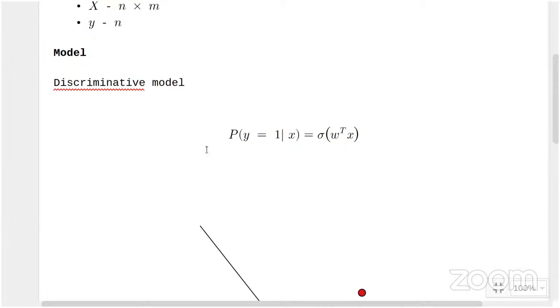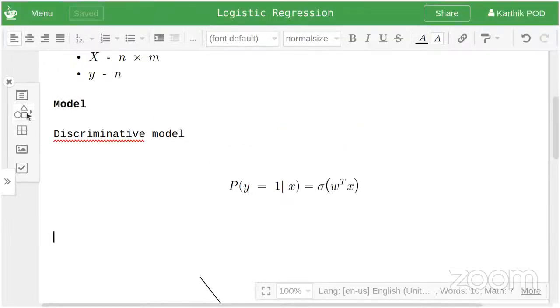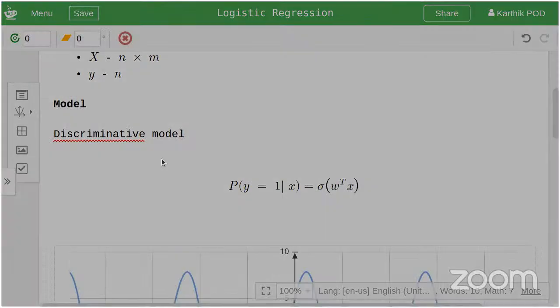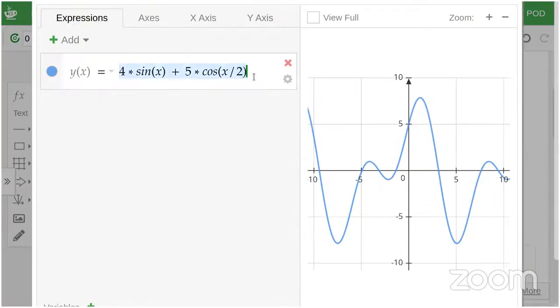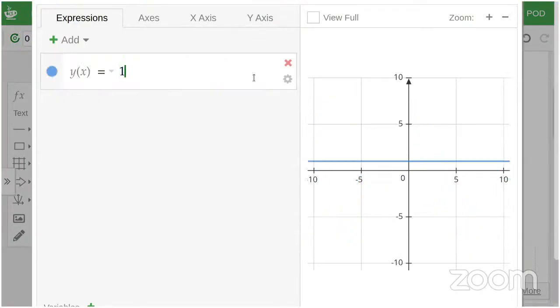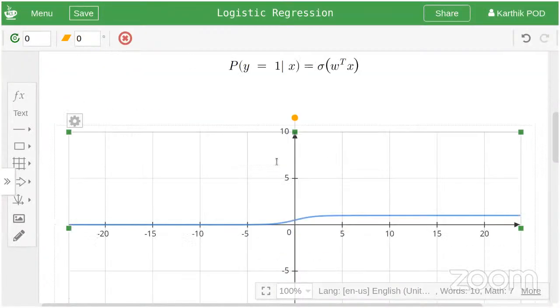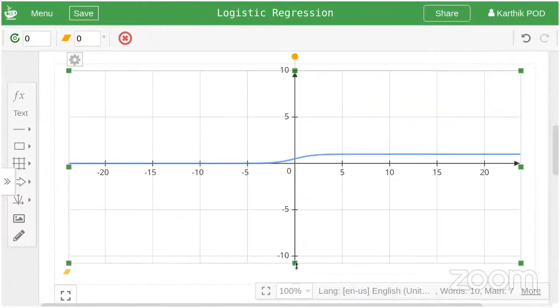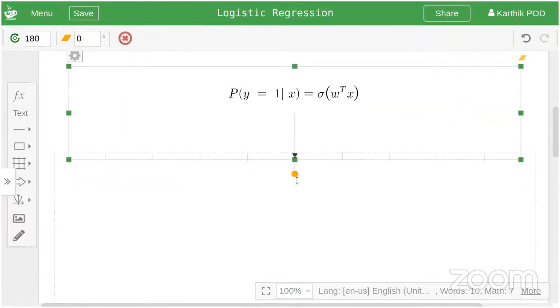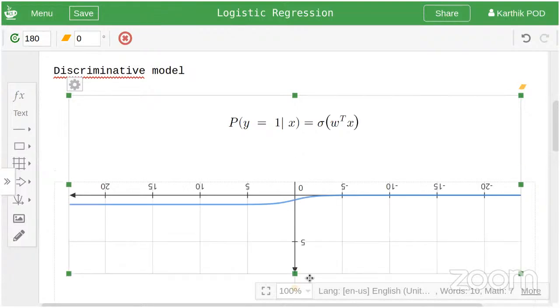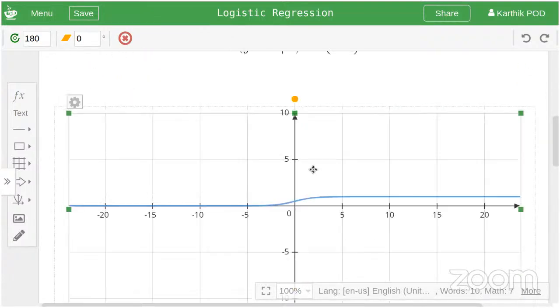So let's very quickly go ahead and plot the sigmoid. 1 by 1 plus e power minus x, right? So sigmoid will look something like this. Okay, I think it got inverted.